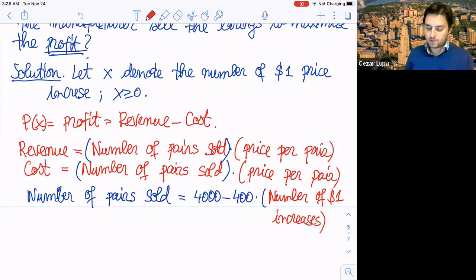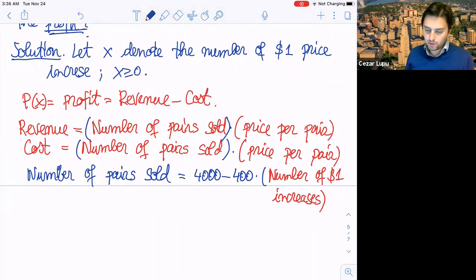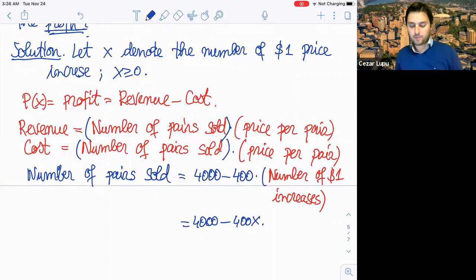All right, let's call this variable x. So the number of pairs sold will be nothing else than just 4,000 minus 400 times x. The number of pairs sold is non-negative, that's clear.